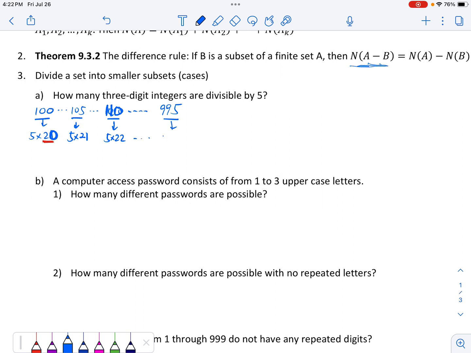The very last one is 5 times 199. Therefore, you really have a list, 20, 21, 22, all the way up to 199. How many numbers are in this list? Earlier we said it's equal to 199 minus 20, the last index minus the first index, but don't forget to add 1, right? So therefore you have 180. That's how we did this problem earlier.